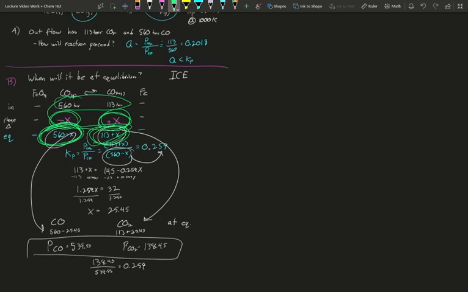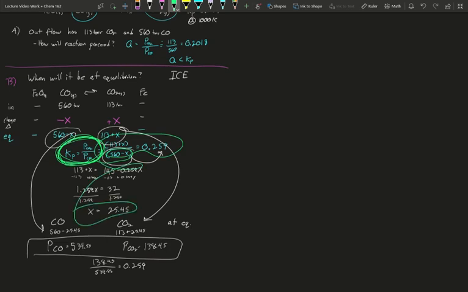In this case, it was an equal amount since they're a 1-to-1 chemical change. Use those changes and the starting values as the concentration at equilibrium. We can plug them into the mass action expression at equilibrium being equal to K, rearrange, solve for x. Use that to find the actual final values of our materials.